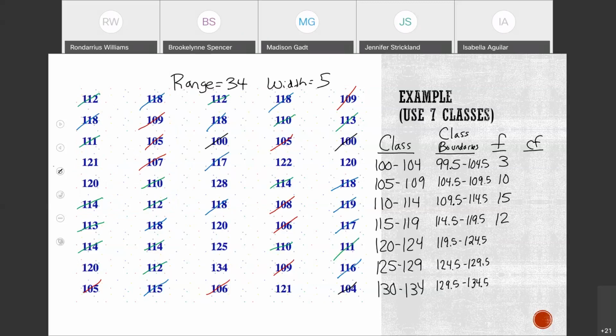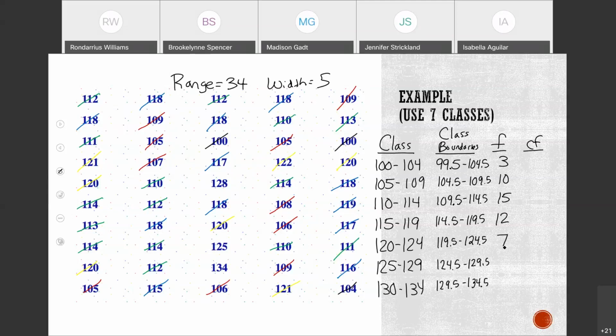All right, 120 to 124. 1, 2, 3, 4, 5, 6, 7. Okay, so 7 there.